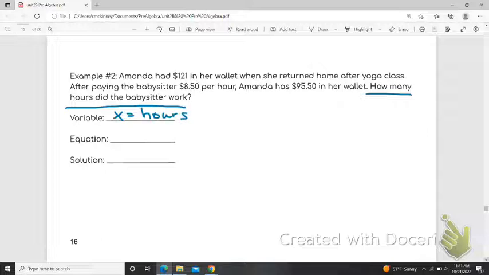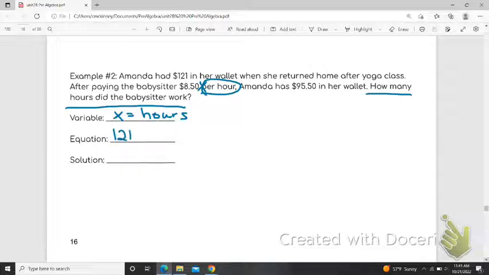x represents the hours. As I glance at the problem, I see that there's a per hour. So this number, the 8.50, is the one that's going to get the x. Now think about what was the starting point. Amanda started with $121 in her wallet.